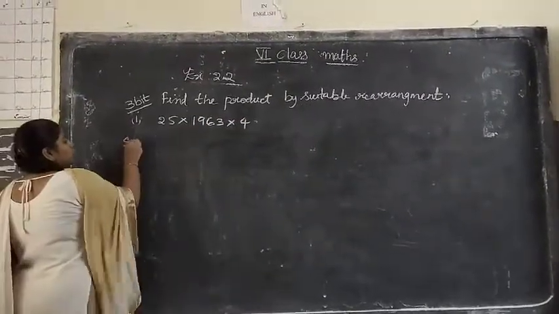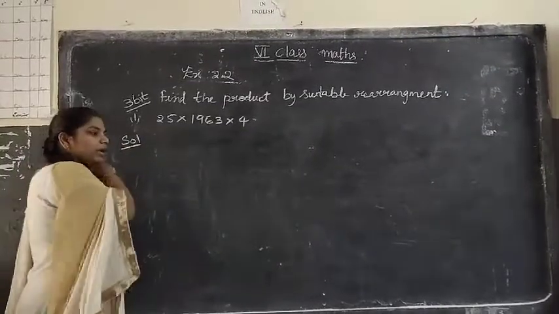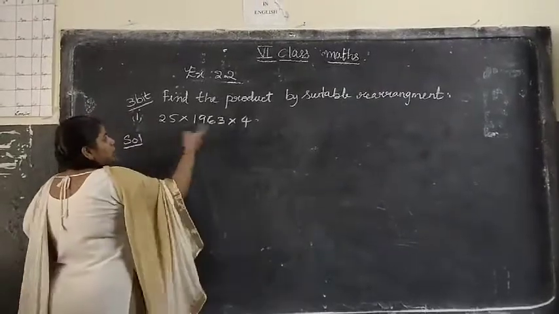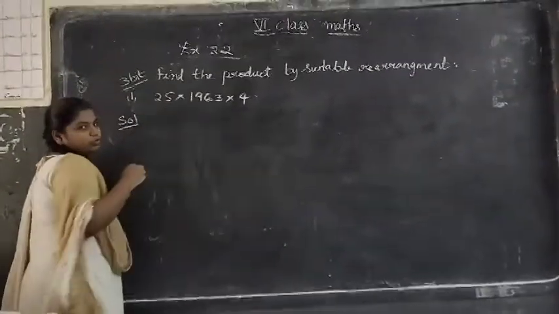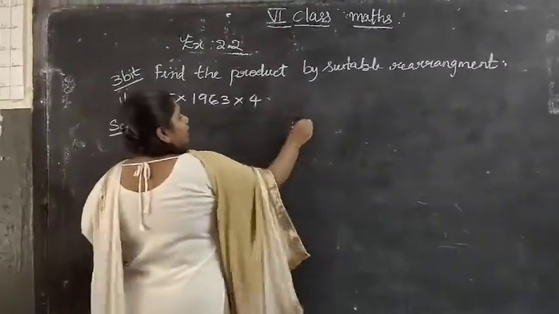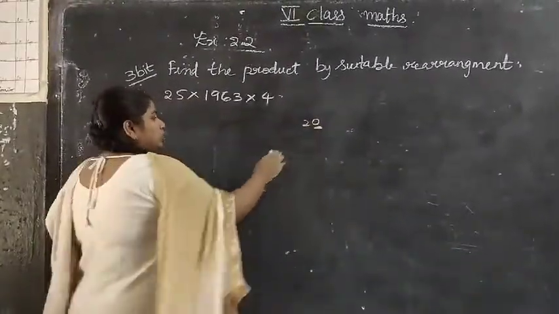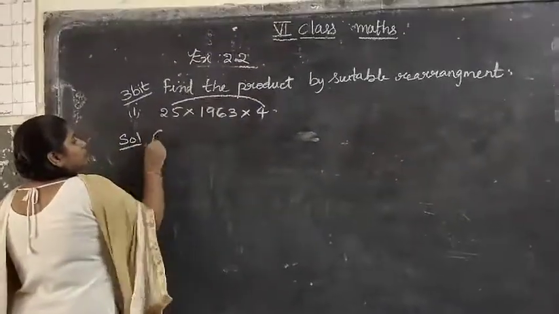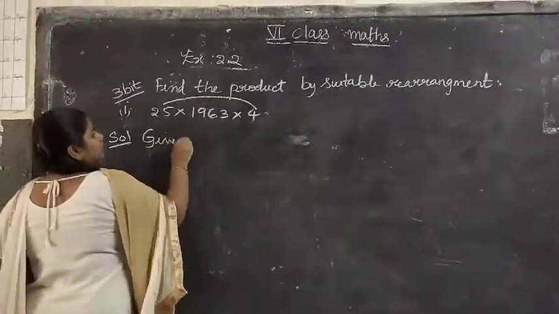So how to rearrange? Already I told you in the previous bit, if you rearrange any two terms, the units place should be equal to 0. So how to rearrange now? 5 3s are 15, the units place will not be 0. Now 5 4s are 20, the units place will be 0. So rearrange the terms now.